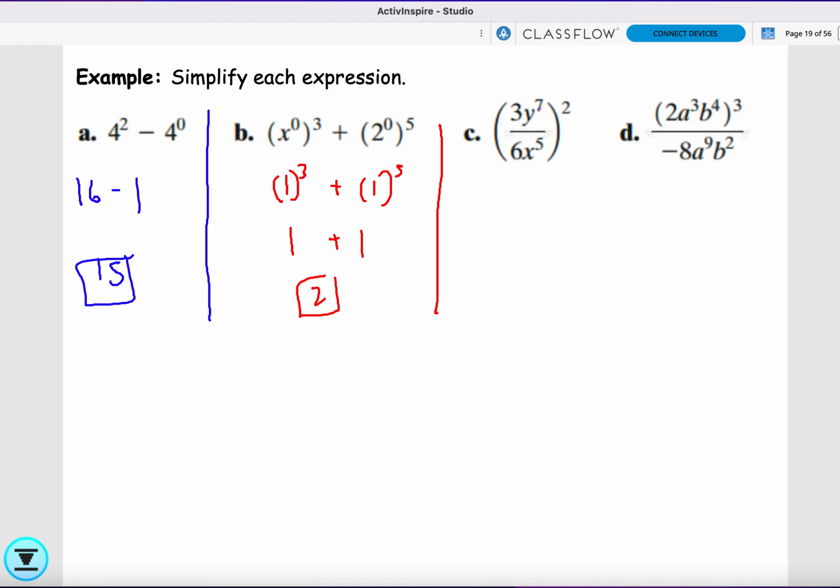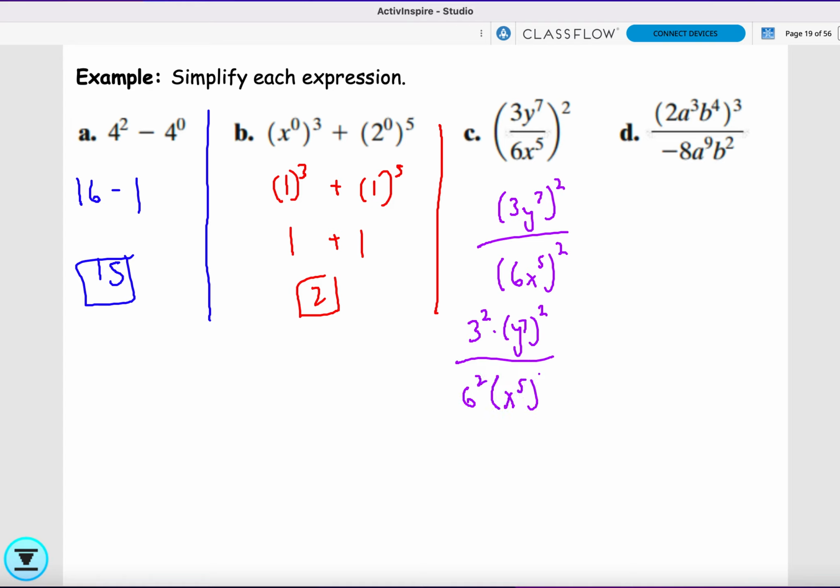We have 3y to the 7 squared over 6x to the 5th squared. So that means we're going to do parentheses 3y to the 7 squared over 6x to the 5th squared. So then the 2 goes to the 3 and the y. So then we get 3 squared times y to the 7th to the 2nd power. Then we get 6 squared times x to the 5th squared. So we know we're going to multiply these exponents.